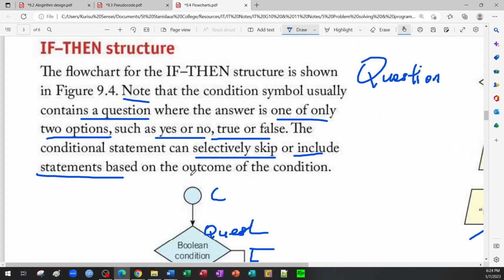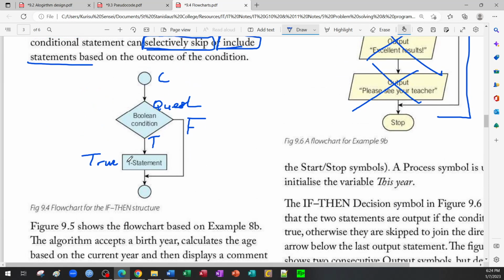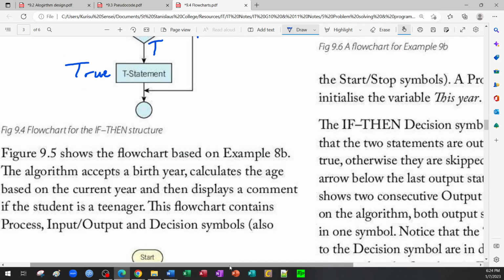So the decision symbol allows us to selectively skip certain statements or include those statements in our action. Or basically, we can say take different paths in our flowchart.